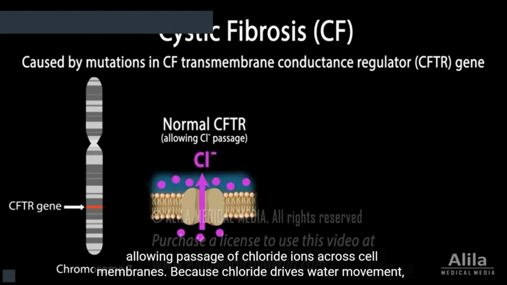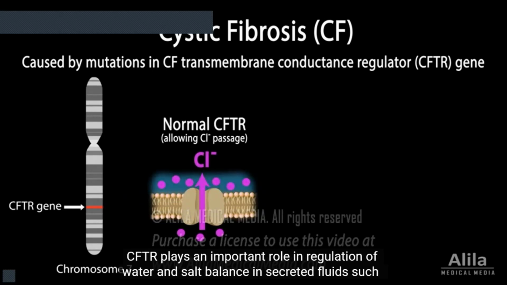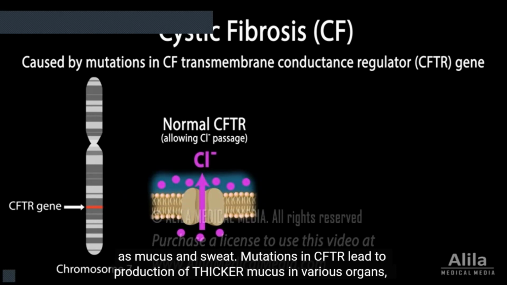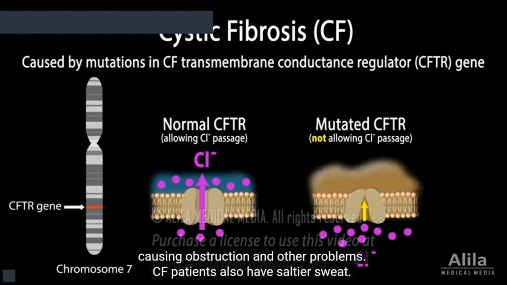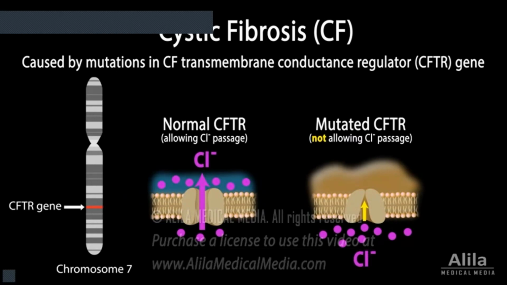Because chloride drives water movement, CFTR plays an important role in regulation of water and salt balance in secreted fluids such as mucus and sweat. Mutations in CFTR lead to production of thicker mucus in various organs, causing obstruction and other problems. CF patients also have saltier sweat.